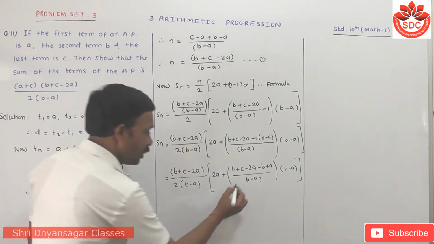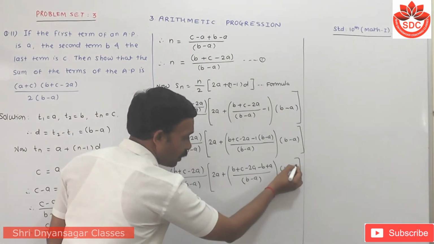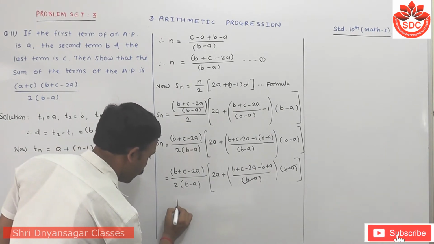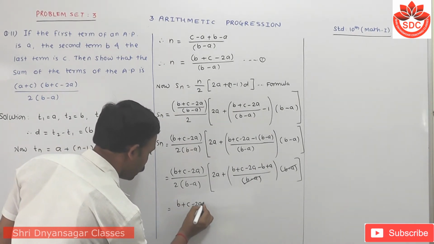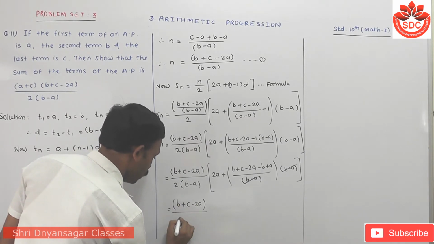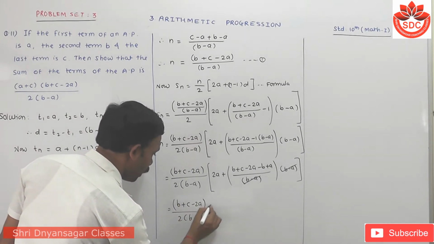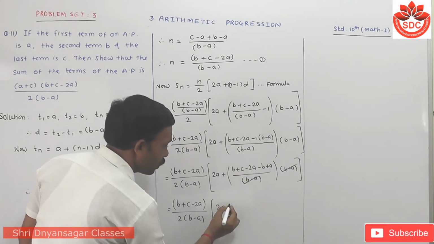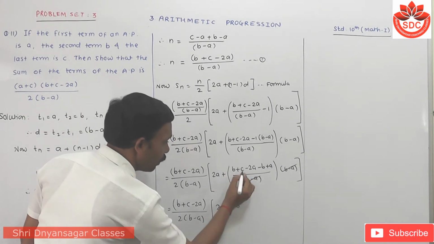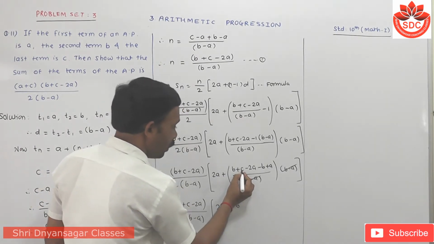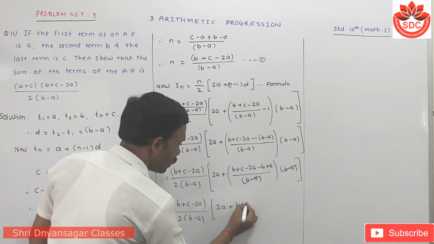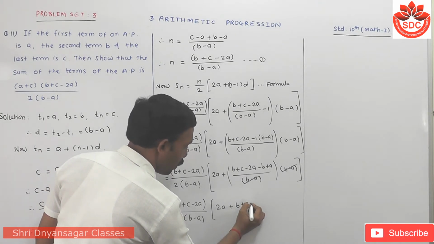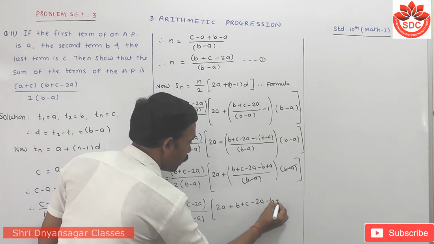Student, look carefully, this b − a is in the denominator here and in the numerator, so they cancel. Then next step, I write (b + c − 2a) upon 2(b − a) into, in this bracket, 2a plus b, there is no change in sign, so plus b. Then plus c, then minus 2a, minus b plus a.